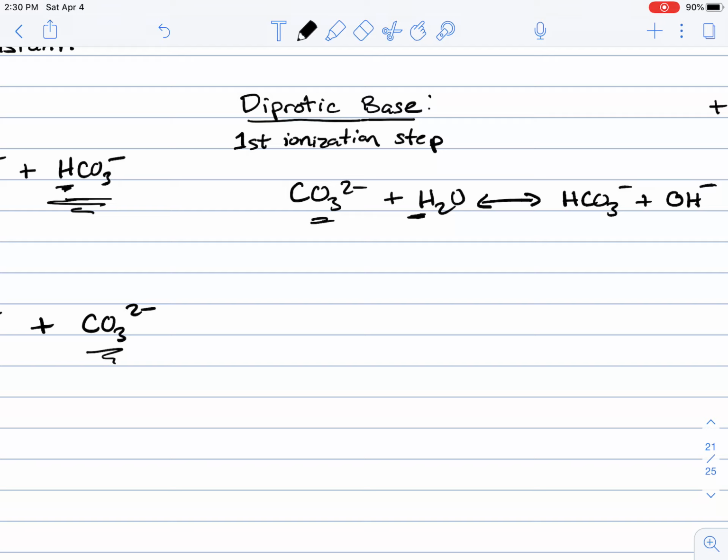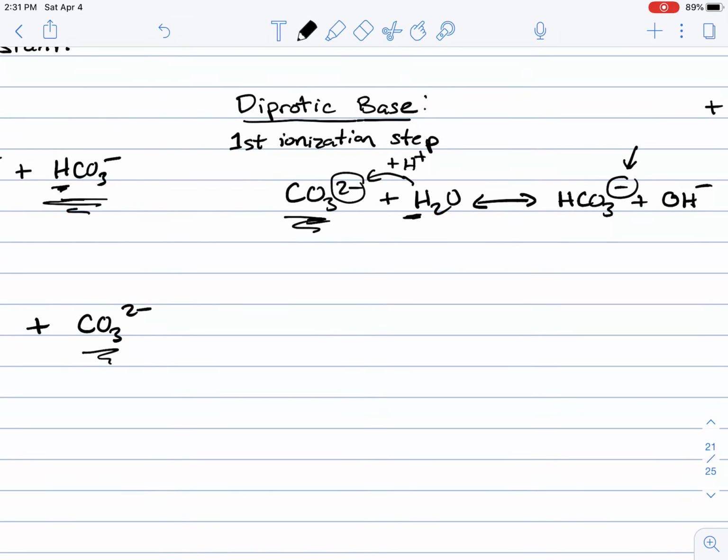And so, since we're adding one hydrogen to carbonate, and remember that hydrogens are positive in charge, that means the charge at the very end is going to increase. It's going to get closer to 0. So -2 is going to go up to -1 because we added a positive value to it, or a positive charge.